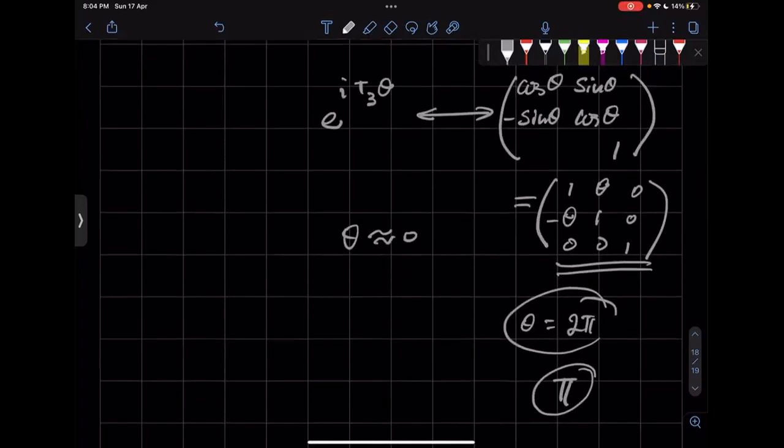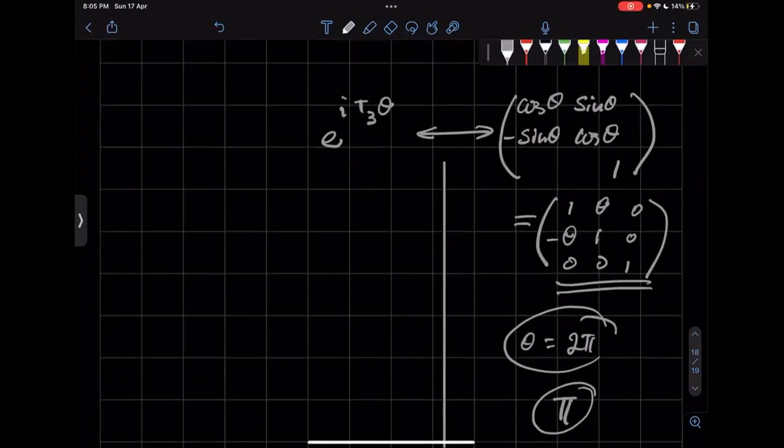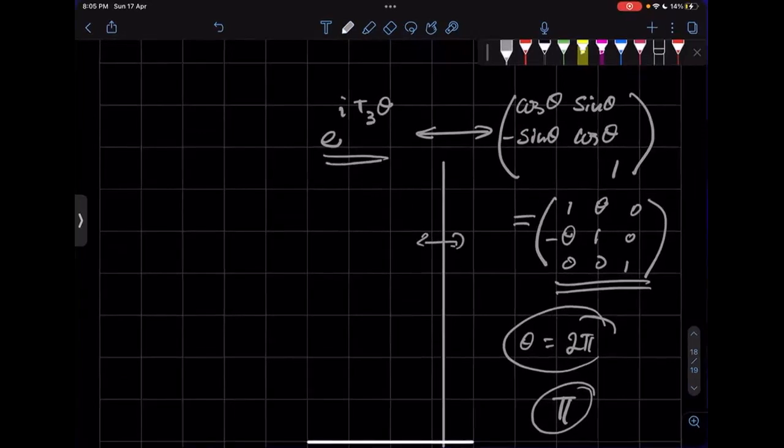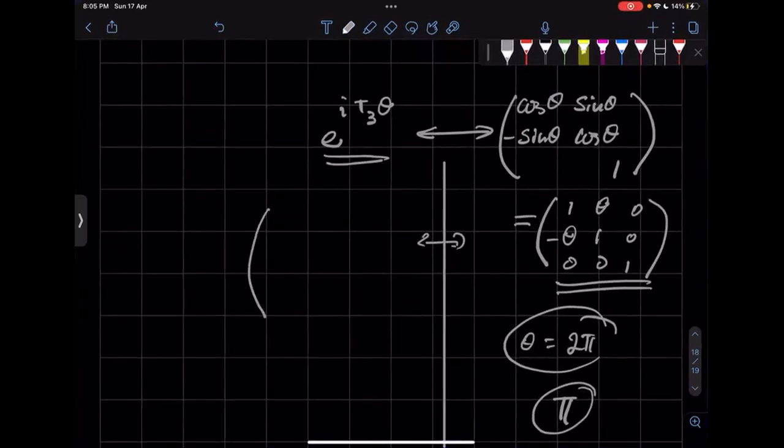But before I give you that formal measure of distance, let me give you a very interesting fact, which you know, but probably aren't thinking about right now: SU2 and SO3 have the same Lie algebra. But if I do the same thing over here, what is this for small theta? It's going to be e to the power i theta by 2, e to the power minus i theta by 2.